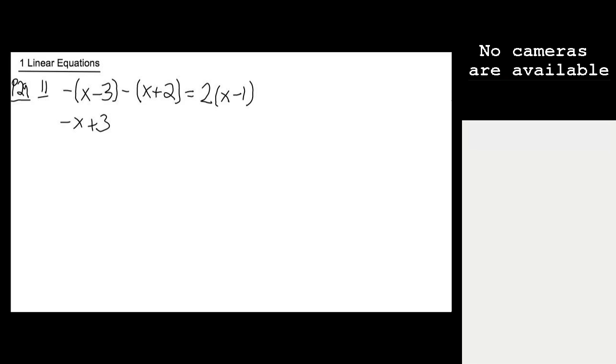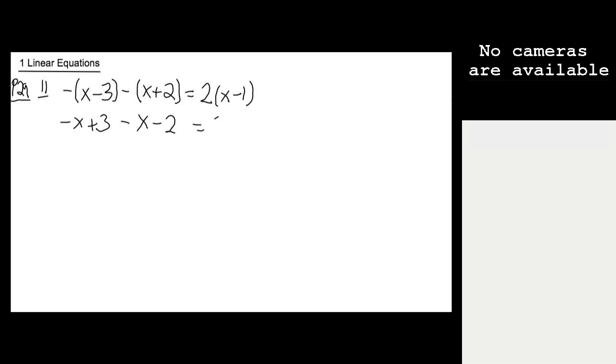And same for the second part, -1 here, it's not written, but negative x minus x plus 2 in brackets means -1 times it, although we never write the 1. So when we multiply that, we're effectively multiplying by -1. So there you have negative x minus 2. And that's equal to, again, we'll multiply it out, 2x minus 2.